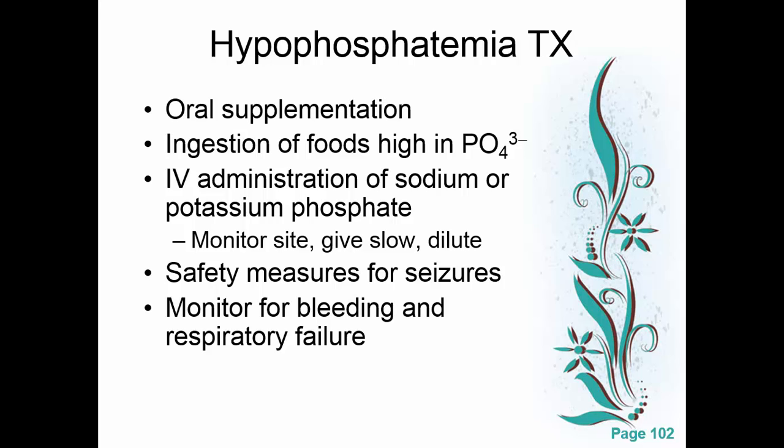You also want to monitor their IV site, give it very slowly, and make sure it's diluted well. Safety measures for seizures need to be put in place. Monitor them for bleeding and respiratory failure. So you're wanting to watch for signs of hypoxia. And so your patients that are on ventilators are going to be at higher risk for hypophosphatemia.